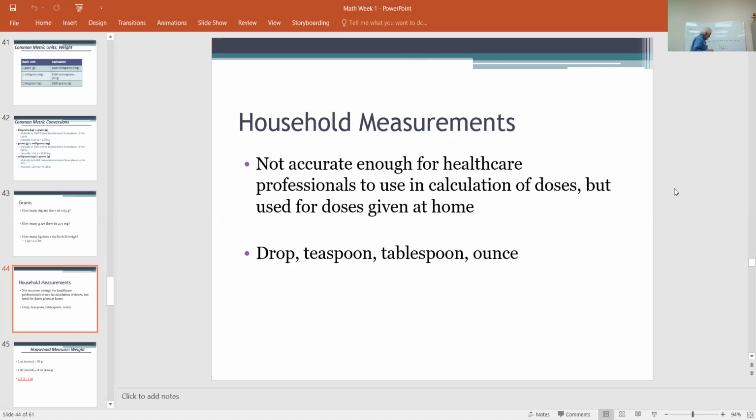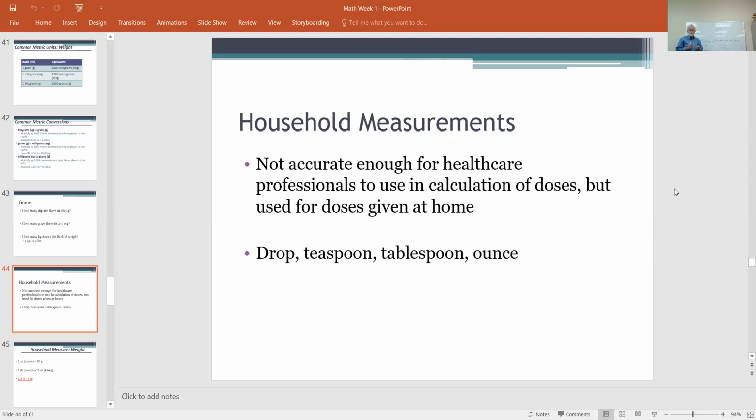So if you have a patient, say a child, who is 55 pounds, and you want to know how many kilograms there are, you divide by 2.2 pounds per kilogram, and you come up with 25 kilograms.